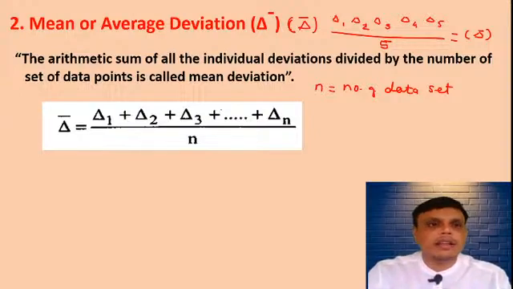This is the second method by which we can express precision, and its name is mean or average deviation.